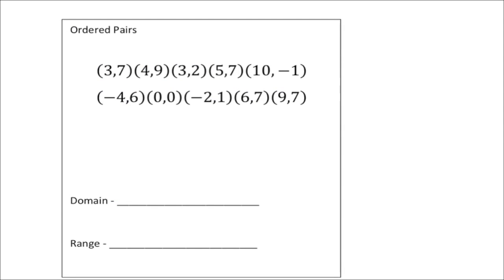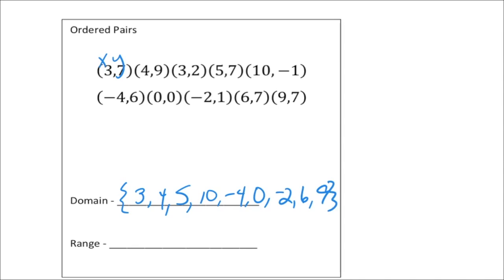Our next example, we have some ordered pairs. Again, remember, in each ordered pair you have an x and a y value, so our domain here will be the set of 3, 4, 5, 10, -4, 0, -2, 6, and 9. Notice I had a 3 here and a 3 here, and I didn't list it twice.